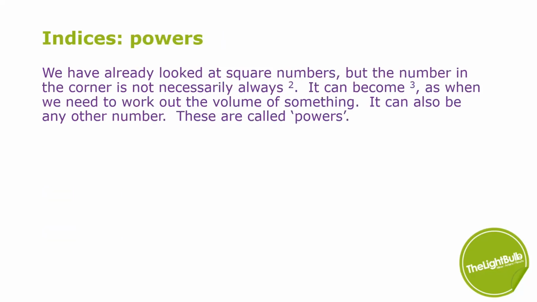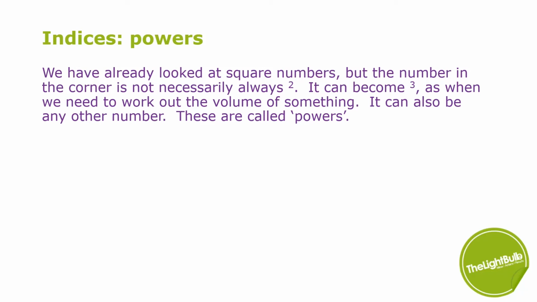Okay, let's have a look at the final type of indices that may come up, and that's to do with powers. Now, what we mean by this is those little numbers that we saw earlier for when we square a number, it doesn't always have to be a 2.